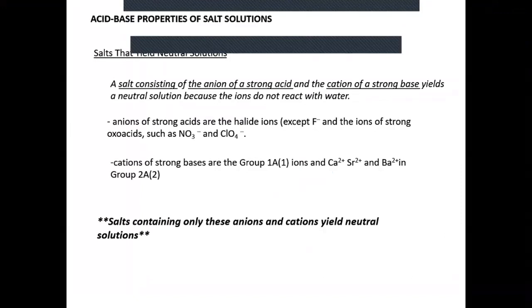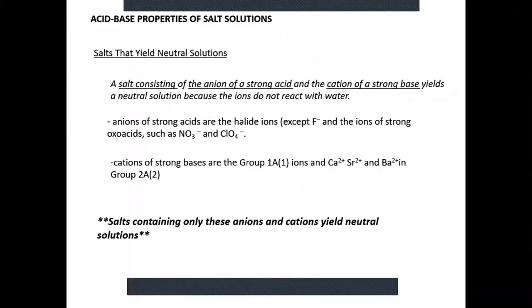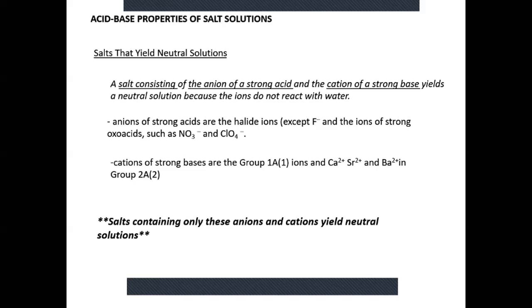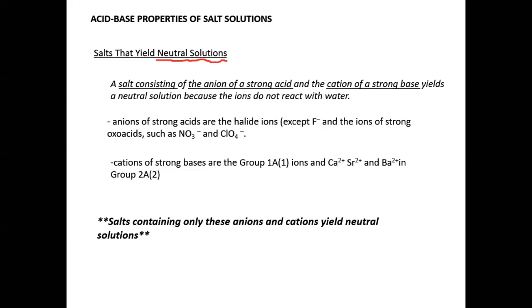Then there are salt solutions that give you basic solutions, a slightly basic pH. And the third type are those that are acidic solutions, so they're slightly acidic.